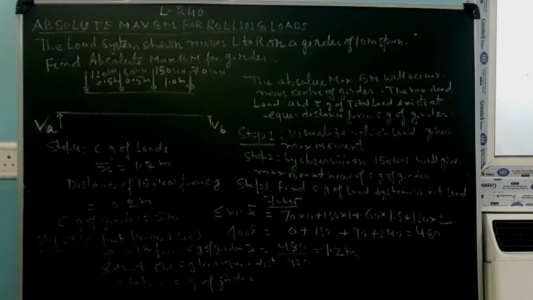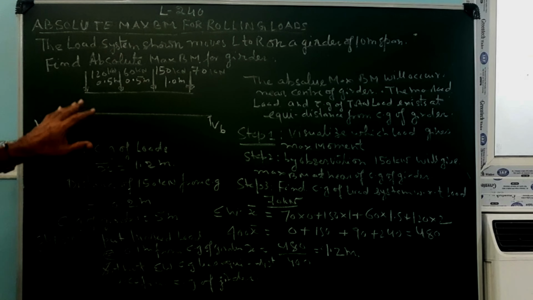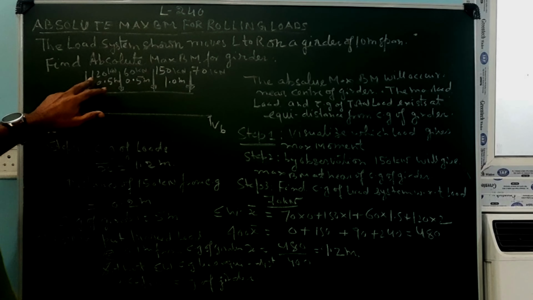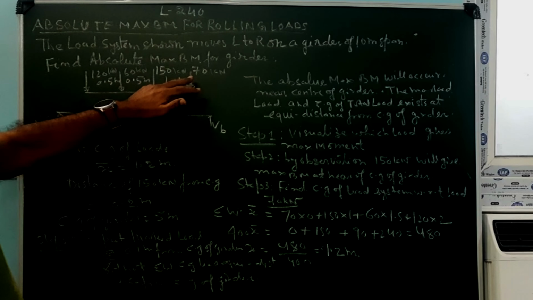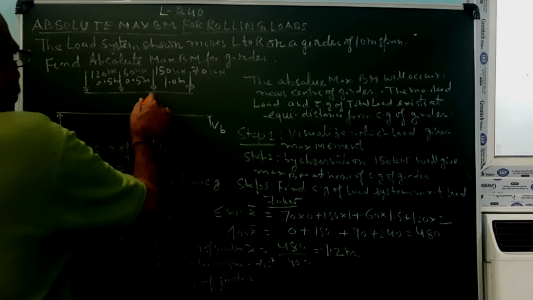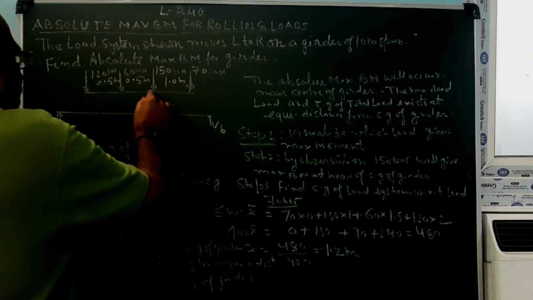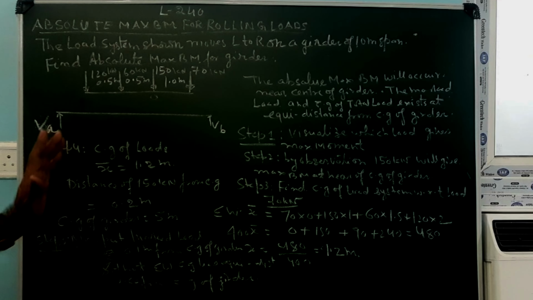First of all, let us observe how to find the maximum bending moment. You look at the loads: 120, 60, 150 and 70. Your mind will go to the 150 load because this is the maximum load.